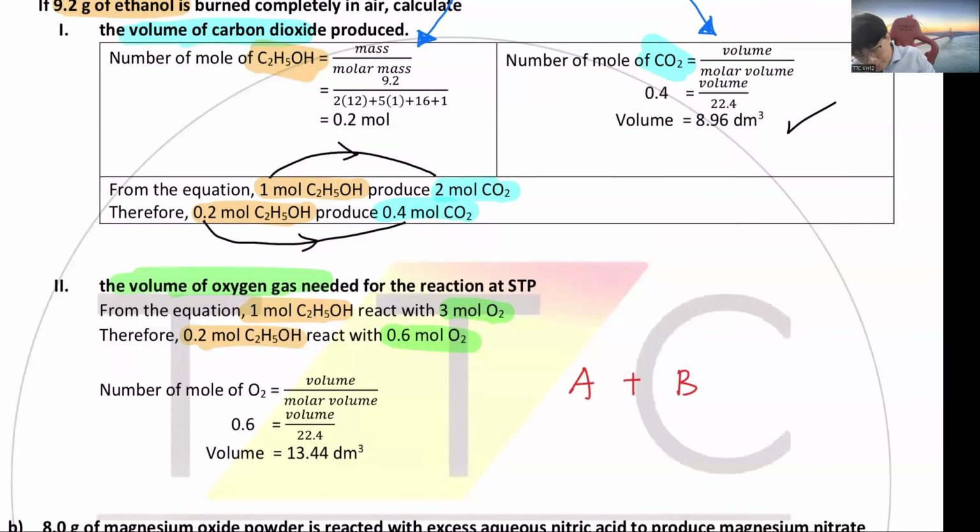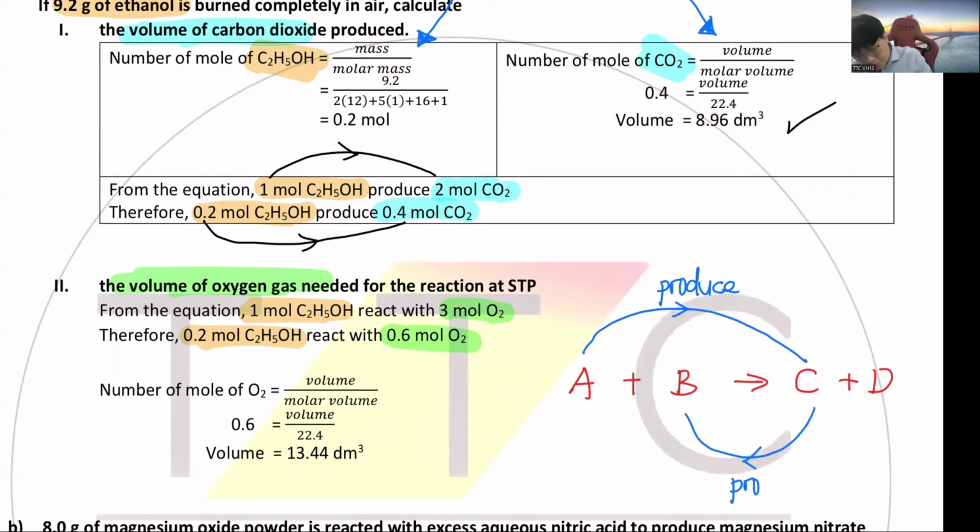A plus B becomes C plus D. So the relationship is A produces B, and here to here is C produced by B. Then A reacts with B. So you got the relationship.